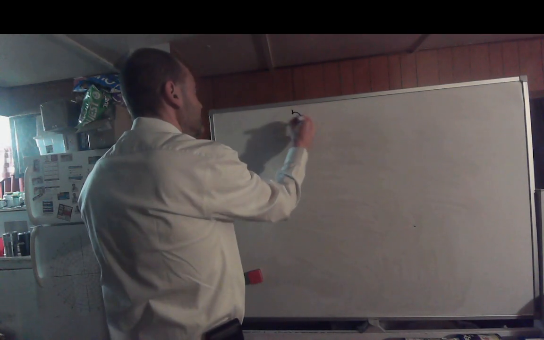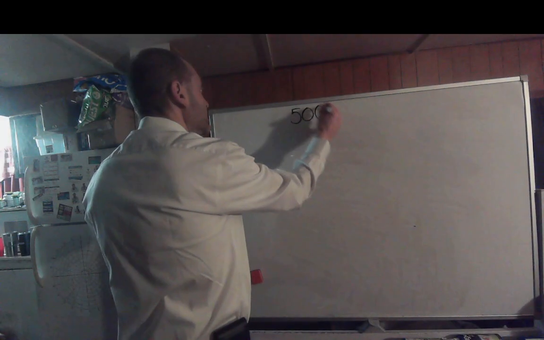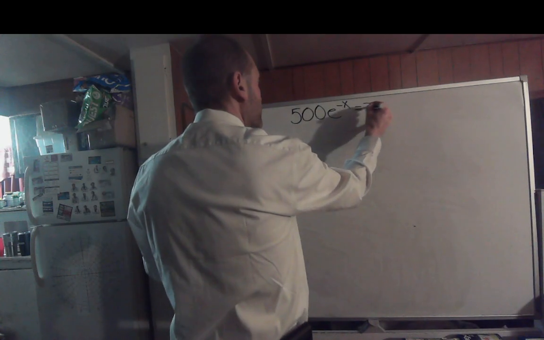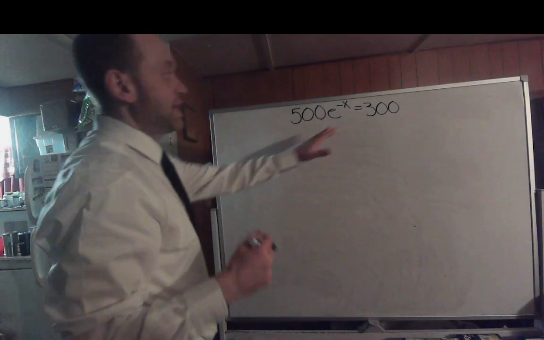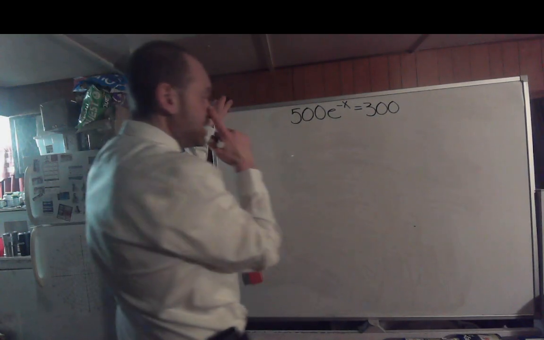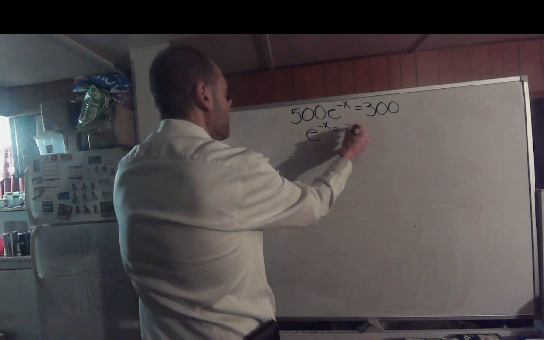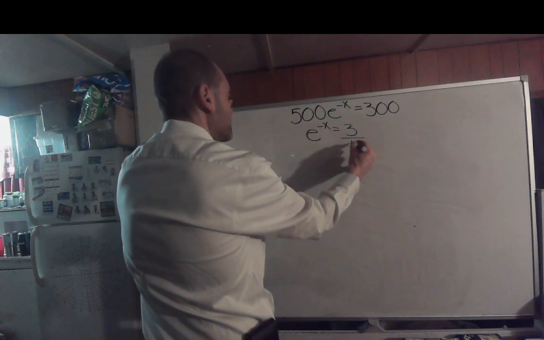All right, let's see. 500 e to the negative x equals 300. So we definitely want to get that e to the negative x by itself, so this would just turn into e to the negative x would equal 3/5.